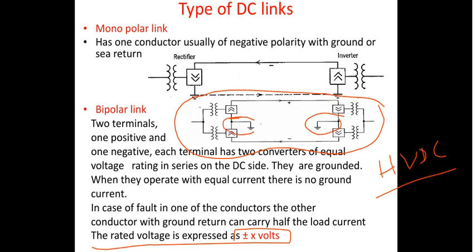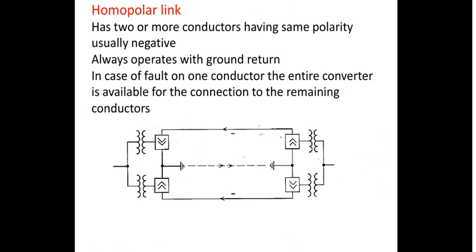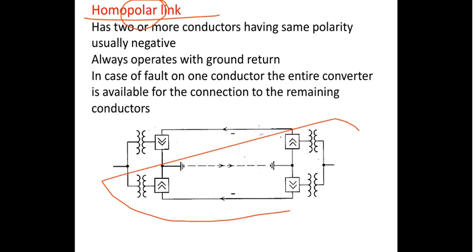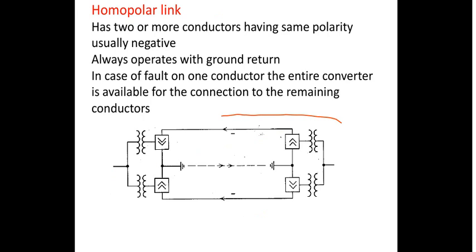So this is about the monopolar and bipolar, but you have one more which is called homopolar, right? Homo means similar, and polar means the polarity. Now if you look at the diagram we have drawn here, this represents a homopolar HVDC link, and it has two conductors having the same polarity, usually negative.